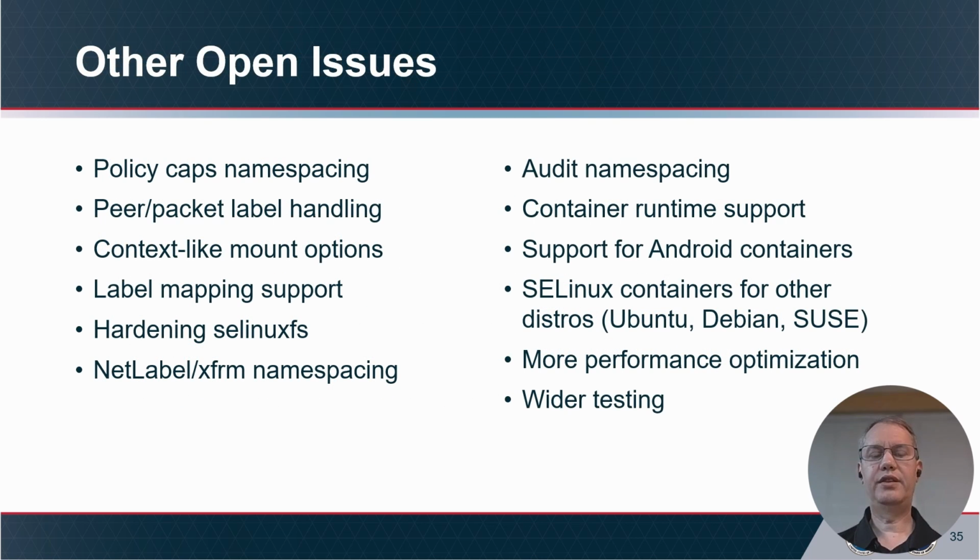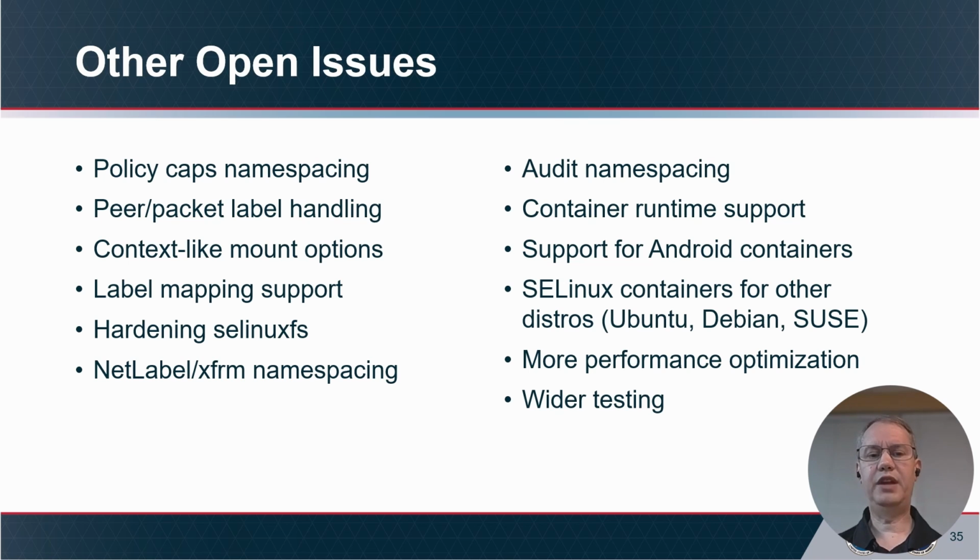This slide lists other known open issues associated with the SELinux namespaces work. Each of these can be found with a longer description on the GitHub repo that is linked at the end of this slide deck. Some of these are focused on functional enhancements to the namespace support, such as the ability to support context-like mount options on a per namespace basis, or introducing label mapping support.